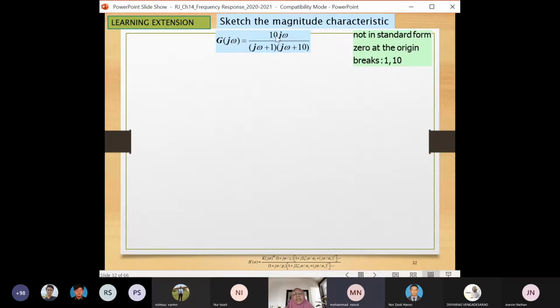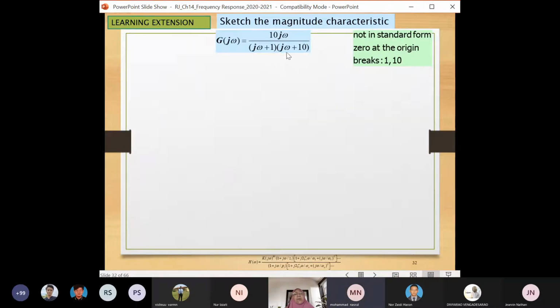However, this is not in the standard form. The standard form is always j omega over z in the numerator, and in the denominator j omega over p1, j omega over p2, so that it's easier for you to identify the corner frequency or the turning frequency.